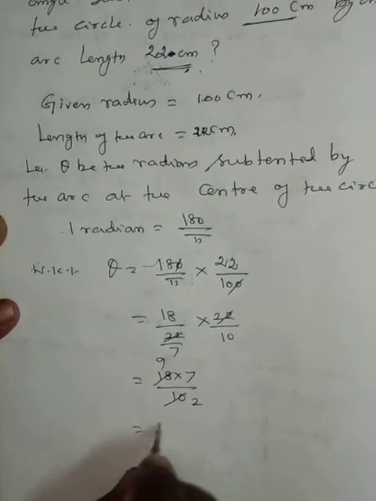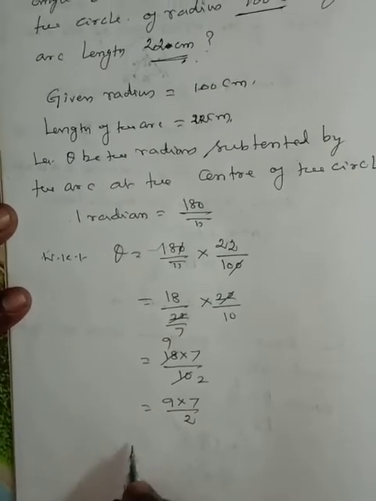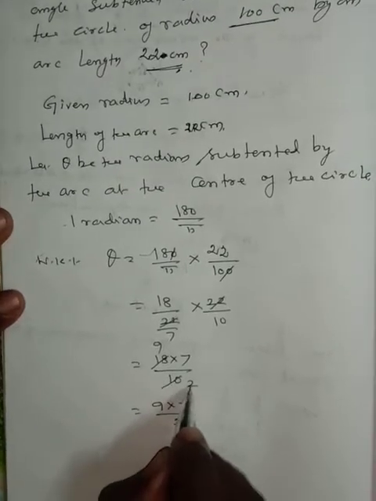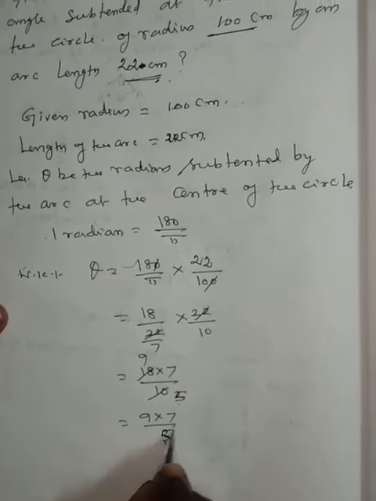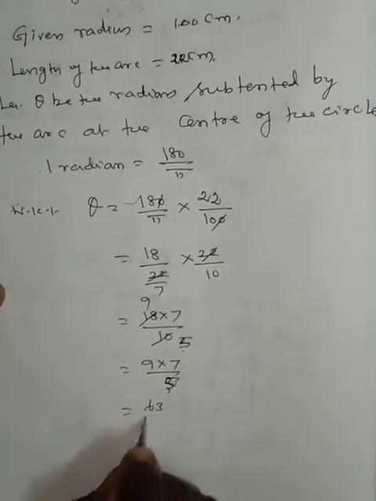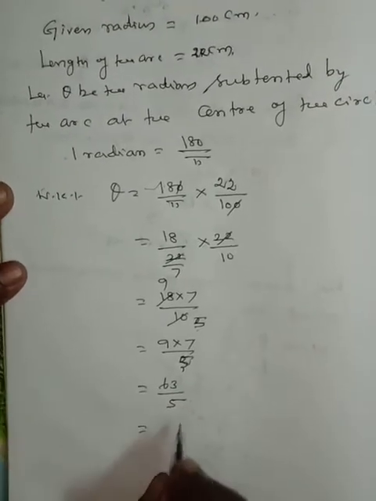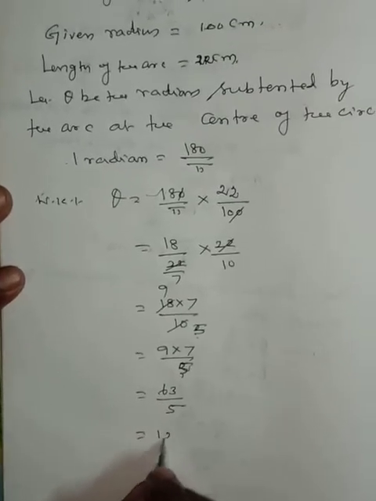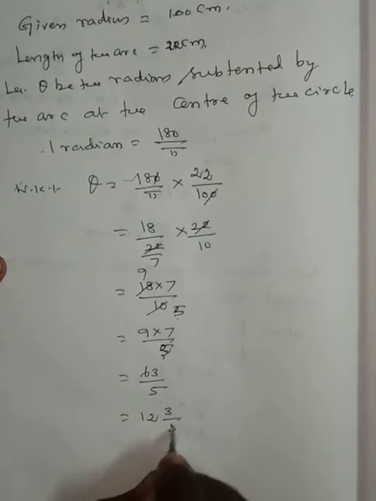So 9 into 7 divided by 2 is equal to 5 2s are 10. So 9 7s are 63 divided by 5 is equal to how many 5s are there? 12 5s are there. Remaining part 3 divided by 5.